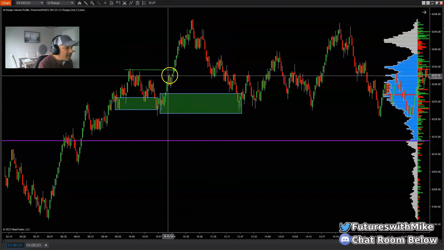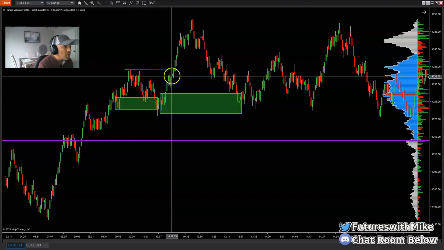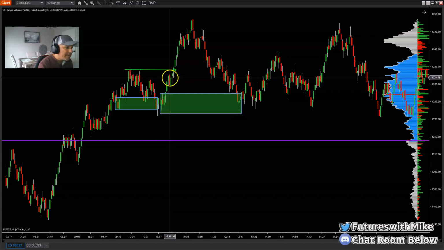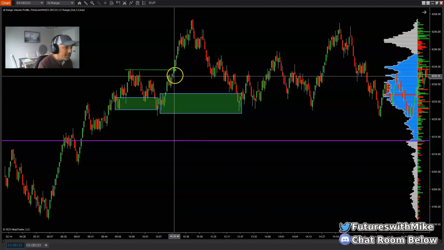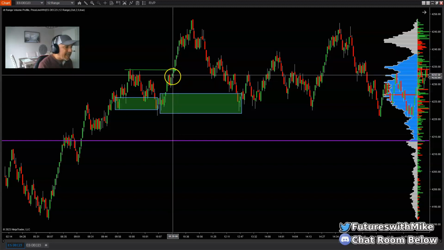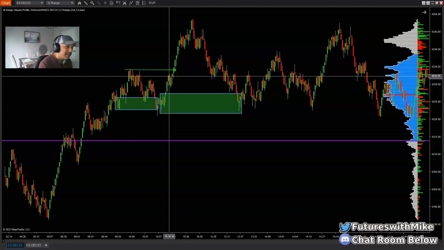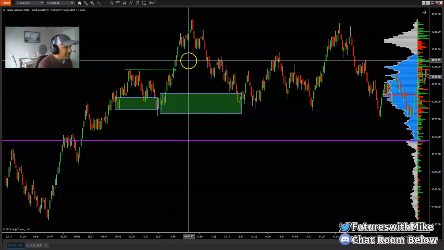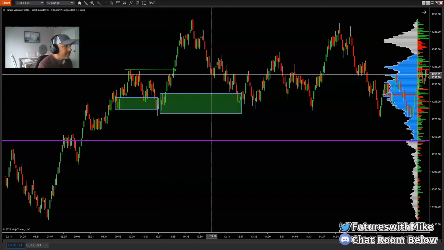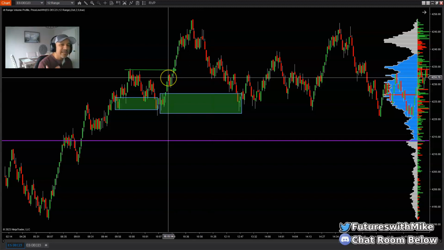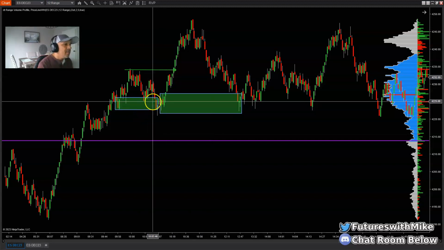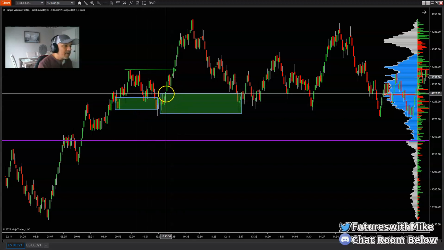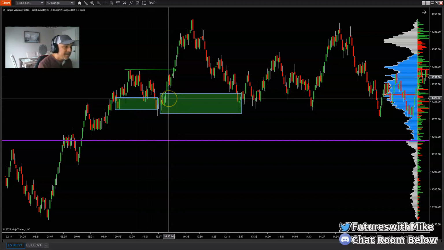There's an area of what I classify as weak or low probability, this demand zone right here, because when the market broke above, it came back and filled that void or gap immediately. I'm not saying that it can't reject this area again, but you've got to be very careful because it's already tested. It's not an untested area. This is untested here. There's a void or gap resting right here back at the demand zone.